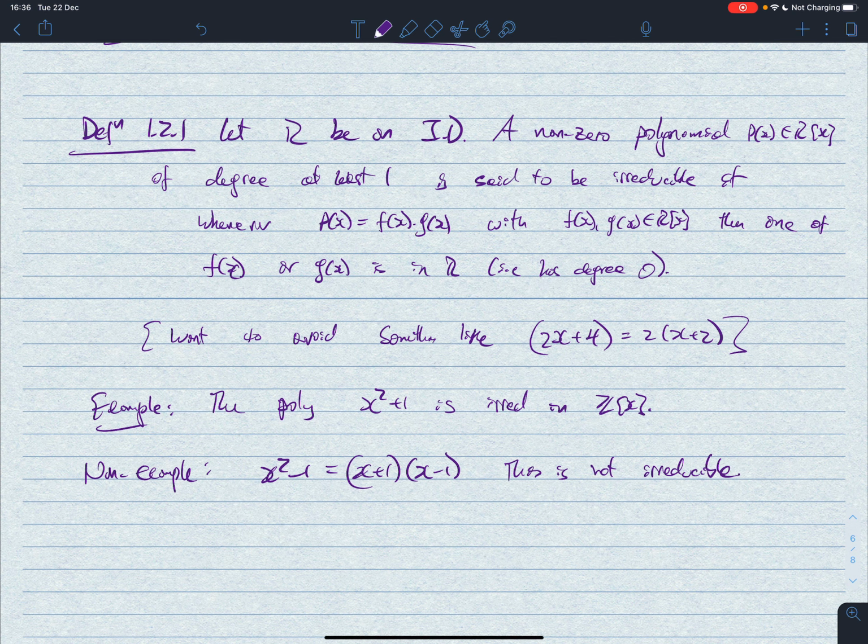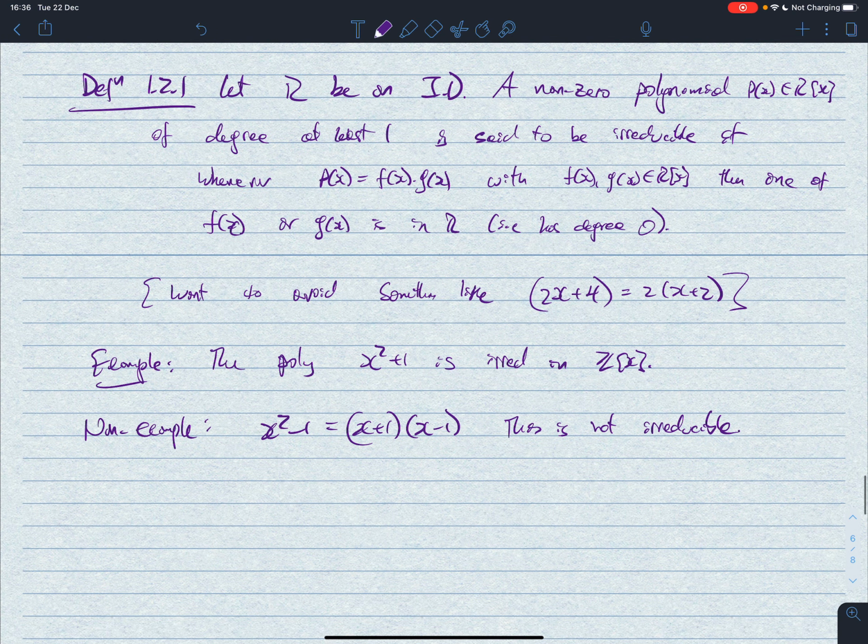Okay. I've said all of this about how irreducible polynomial differs from irreducible element in a ring. But for fields, these two things do coincide. So I'll just say it as a remark.